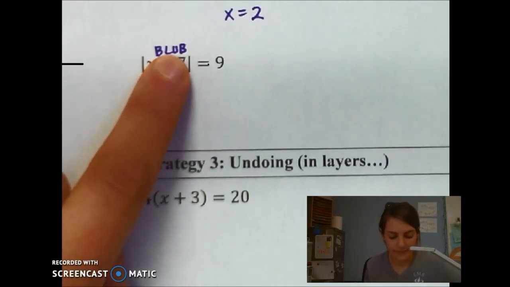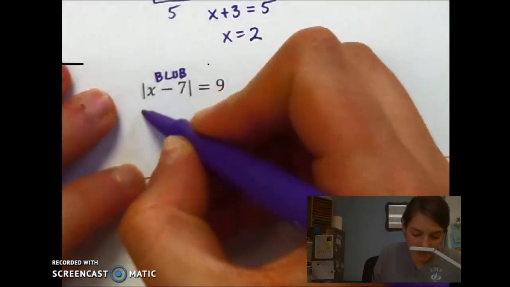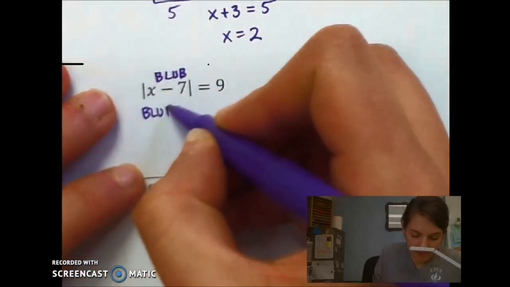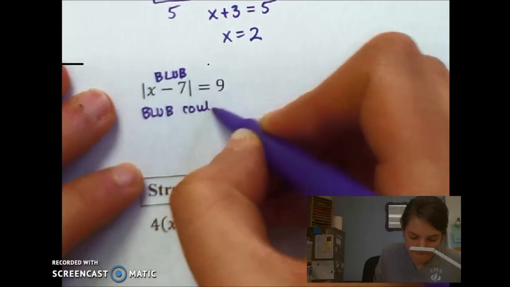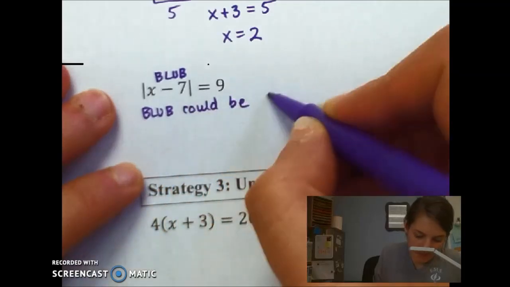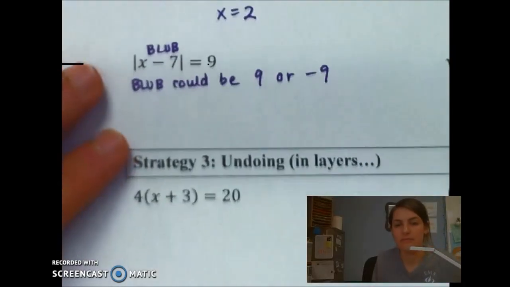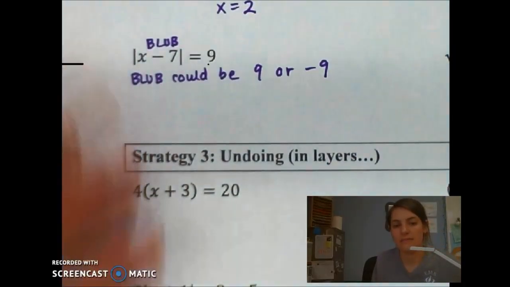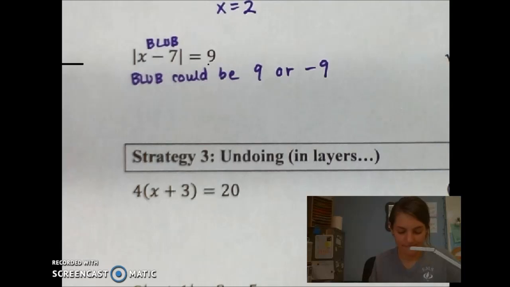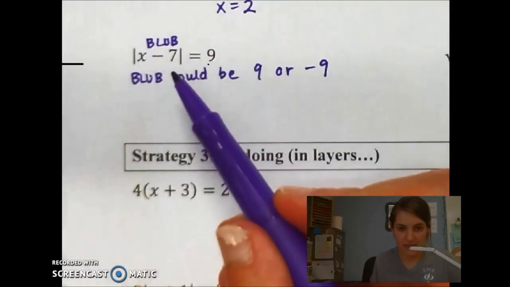Well, it could be 9, or it could have been negative 9. So again, blub could be 9 or negative 9, because absolute value makes the answer positive.